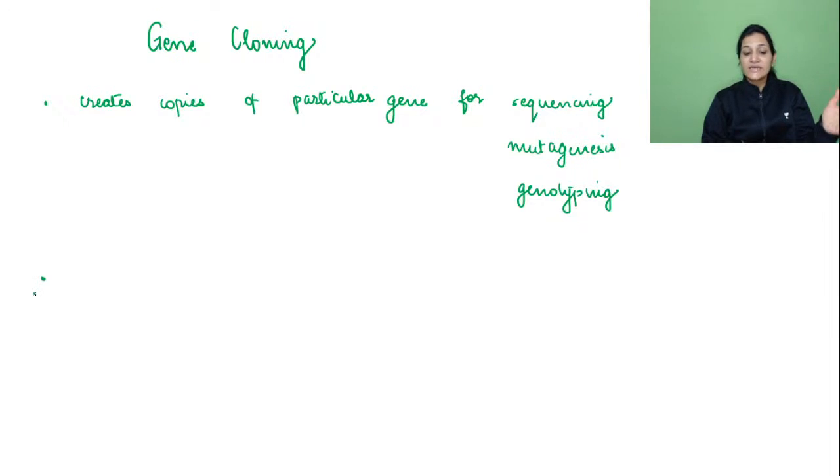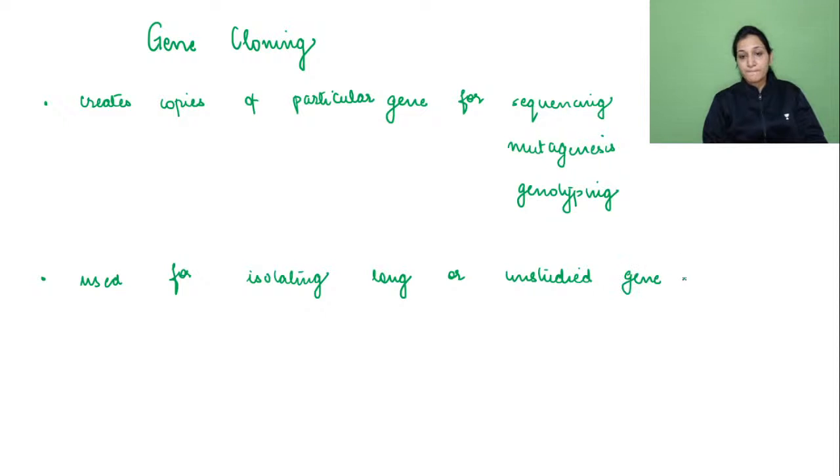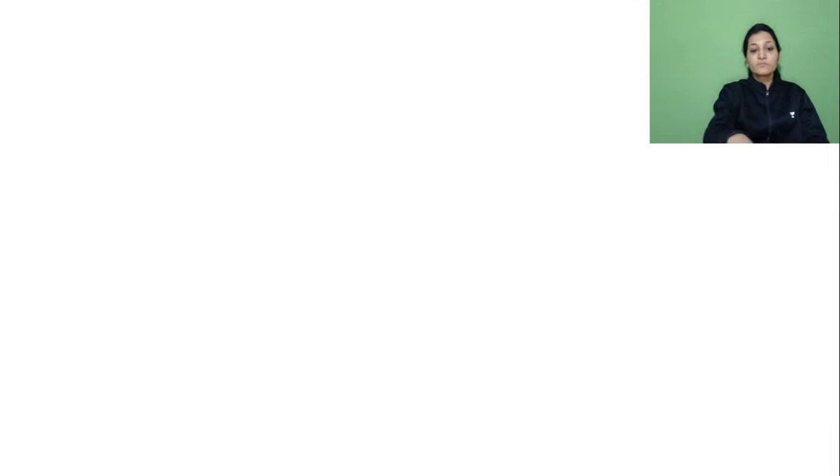And this technique is widely used for isolating long or unstudied genes and protein expressions. This is the thing. After that, we'll be seeing the sequence, how it is performed, that is, the steps of gene cloning.